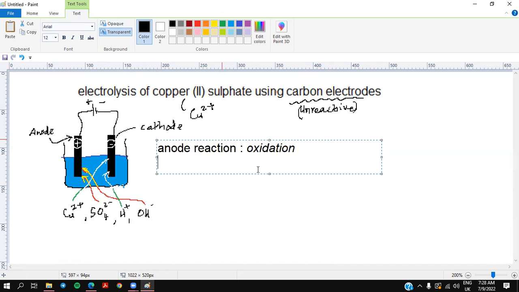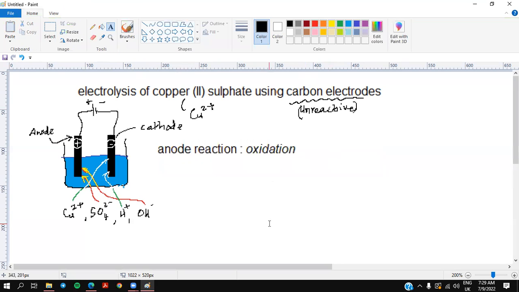When we have sulfate ions and hydroxyl ions, according to the knowledge we have, sulfate will not react. Hydroxyl ions will react. I gave you a set of rules for aqueous electrolysis systems. See whether you can remember.